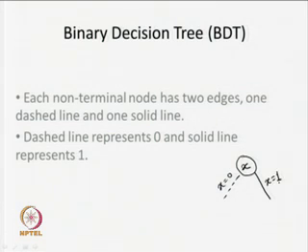So, I know that we are having only two possibilities, either x will be 0 or x will be 1. So, when I am going to treat the valuation of a particular variable x, then it is having two outgoing edges. The dashed edge basically says it is the value of x equal to 0, and x equal to 1 will be represented by this particular solid line. So, every non-terminal node is having two outgoing edges.